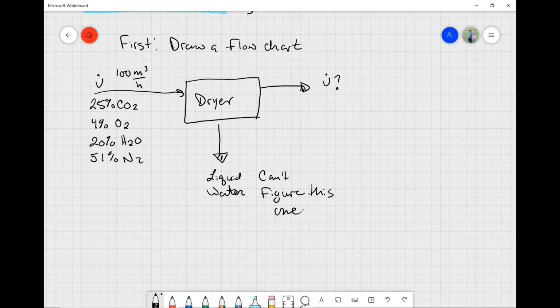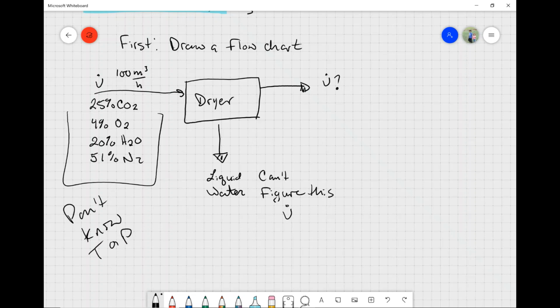So we can't figure this flow rate, and I don't want you to think you can't solve what the problem is asking. We actually can. We can't figure this V, this volumetric flow rate, because we don't know the conditions, by which I mean temperature or pressure.